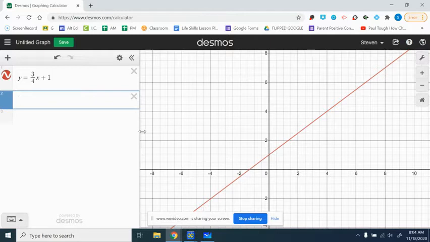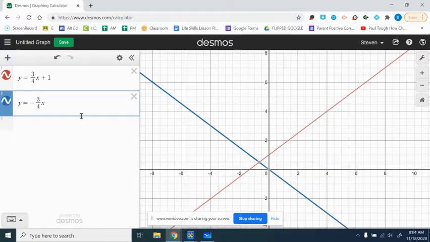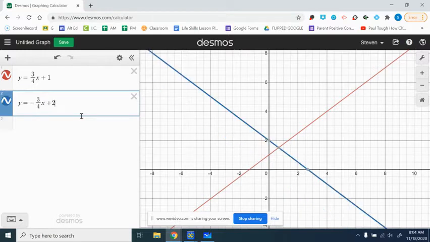Well, if we want to create a perpendicular line, I do recognize that this line here is going up. This is a positive slope. So why don't we try y is equal to negative 3/4 x plus 2.